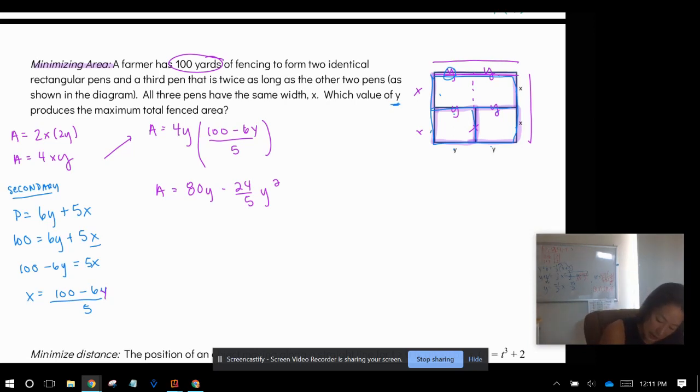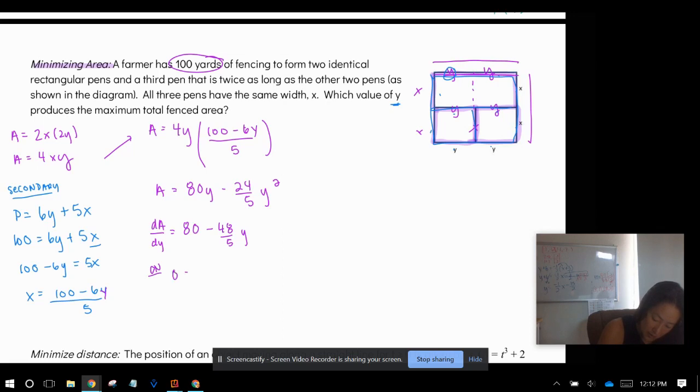All right, so next up, I will take the first derivative, so dA/dy, and I get 80 minus 48 over 5 y. And then we need our critical numbers.